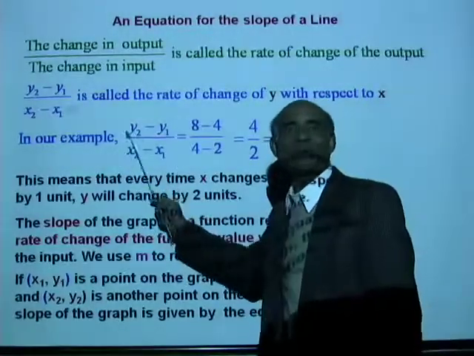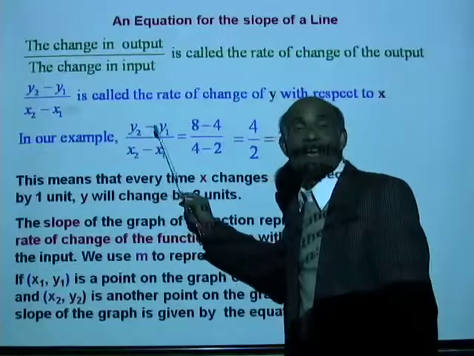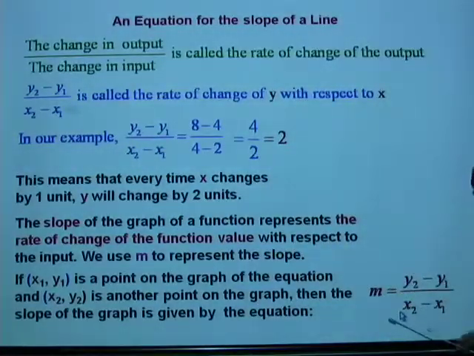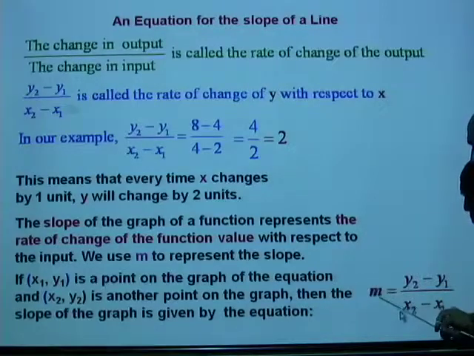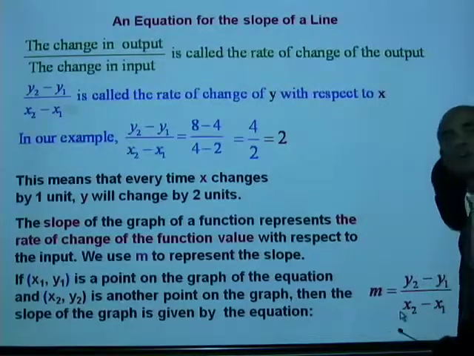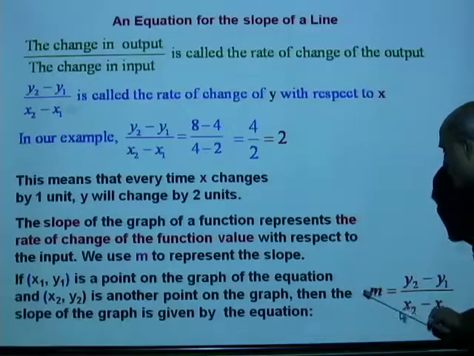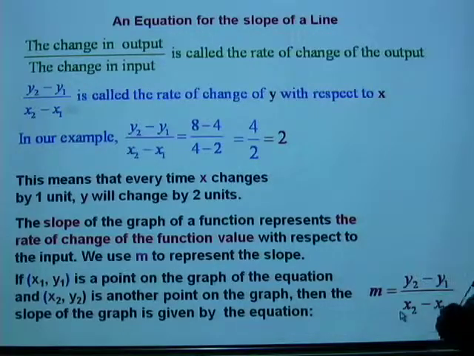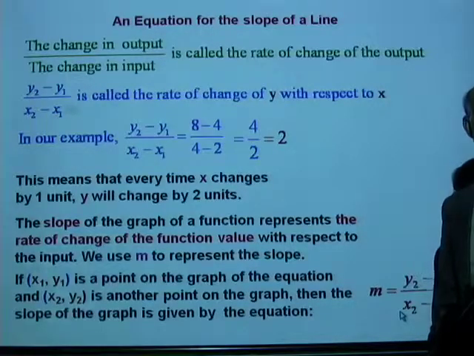This is actually the equation for the slope. Change in the output divided by change in the input. And we represent it like this. m equal to, we represent slope by the lowercase m. m equal to y2 minus y1 over x2 minus x1. All right?